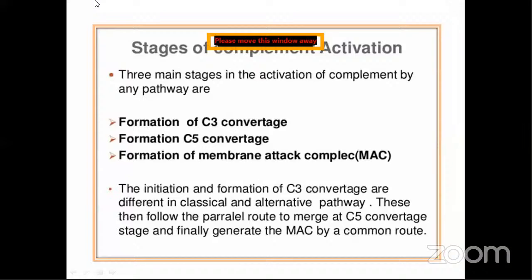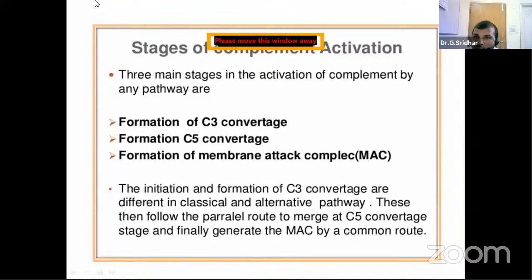The activation process proceeds independently, with or without antibodies. If you see the stages of complement activation, first C3 convertase forms by combining C2A and C4B. Once you form the C3 convertase, it takes care of C5. C5 splits into C5A and C5B.